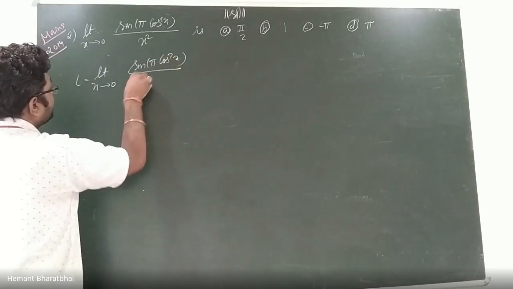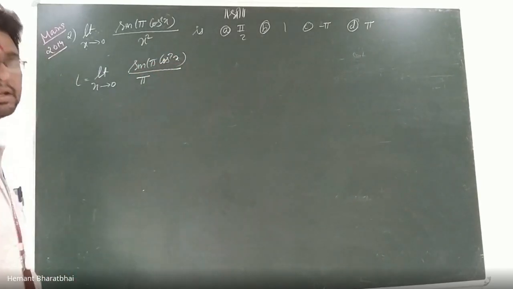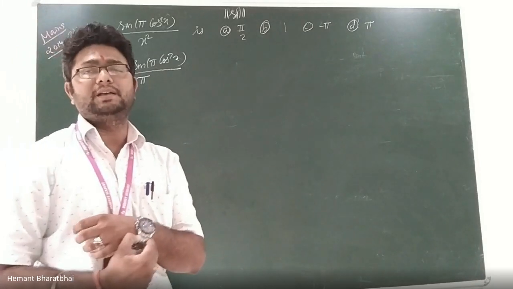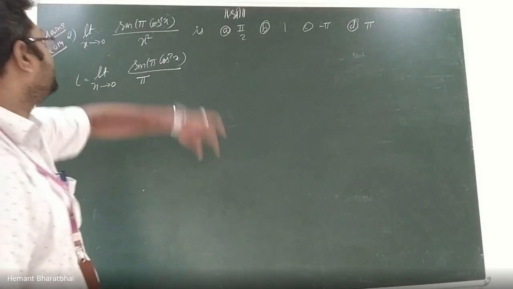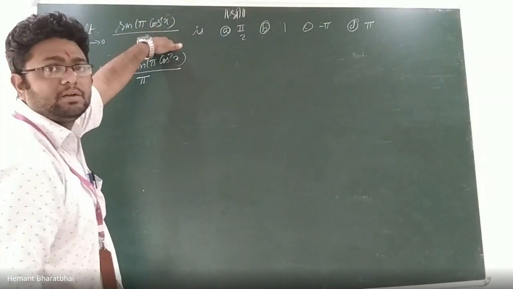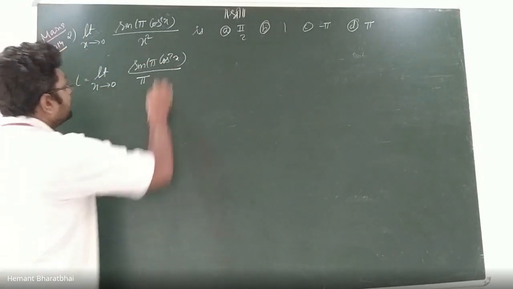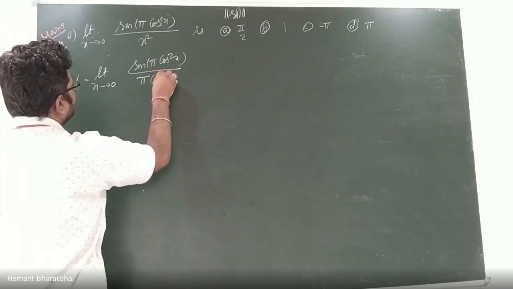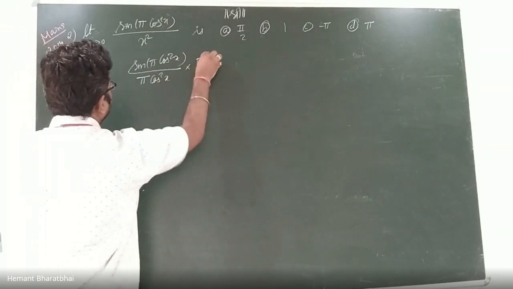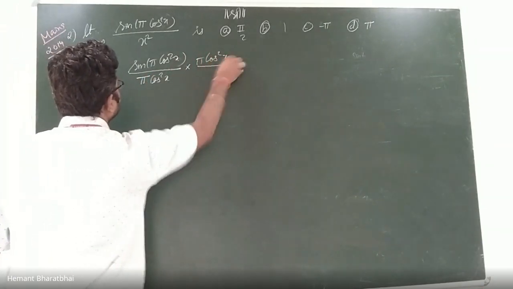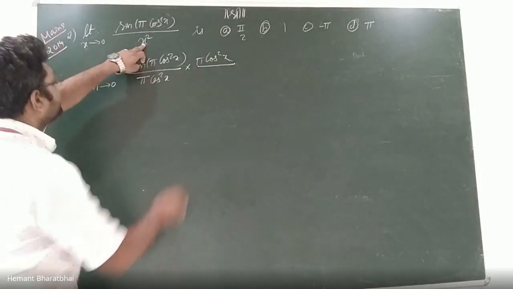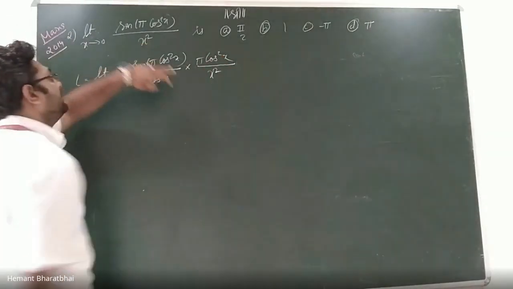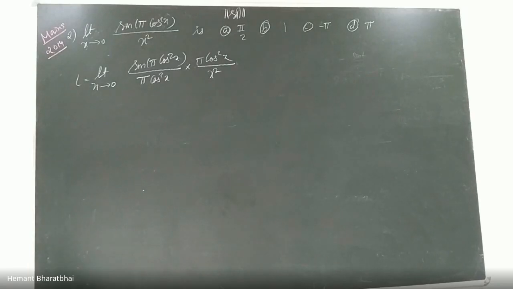The same term should be there over here, then only we can apply sine of x by x is 1. Here I have the angle pi cos square x, so here also I will have to divide and multiply by pi cos square x, and the x square I will write over here.